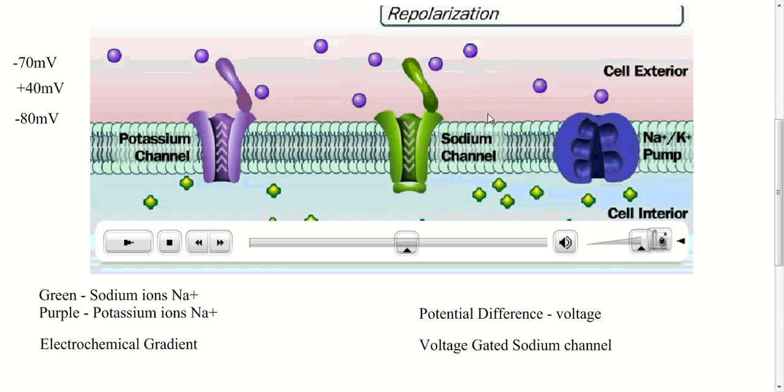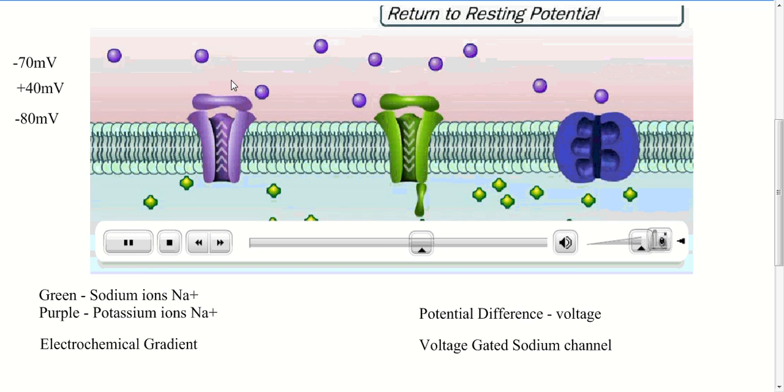This part of the neuron needs to recover and return back to its resting state, its resting potential of minus 70 millivolts, in order to then receive another action potential if it needs to. So we need to get back to our original state, which, if you remember, was sodiums on the outside and potassiums on the inside. You may be able to see what's going to happen next.